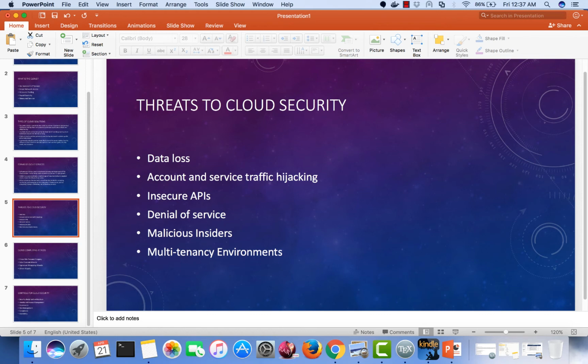I believe it was 2015 when the Office of Personal Management in the United States lost 22 million records in a single data breach. Along with that, there were 2 million records that included biometric data on individuals.